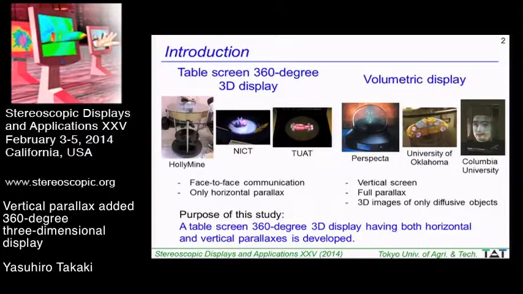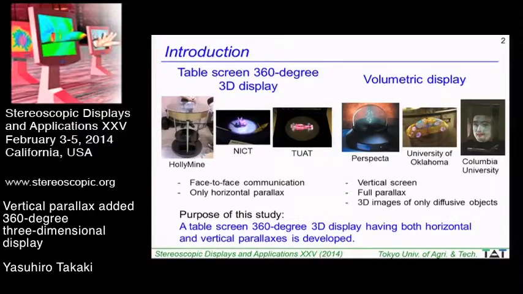They have vertical screens, and 3D images have full parallax. So the 3D images do not distort depending on the viewing position. However, they provide 3D images of only diffuse objects because rays are diffused on the screen.